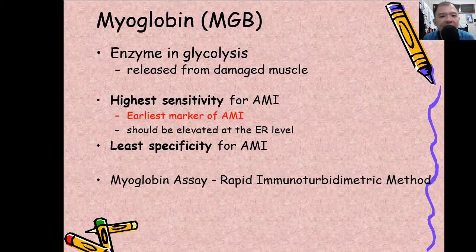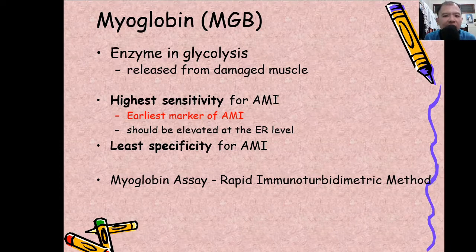The third enzyme, or biochemical marker, that we'll be talking about is myoglobin. It is an enzyme in glycolysis, very much similar to creatine kinase. It is released from a damaged muscle.